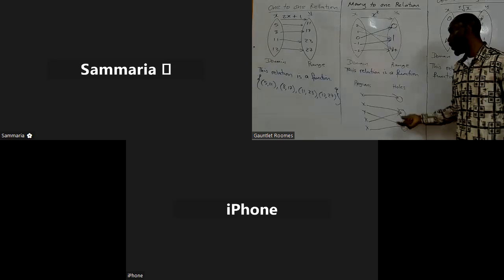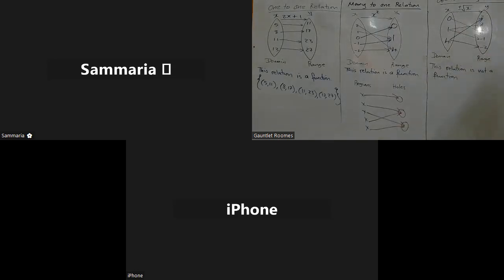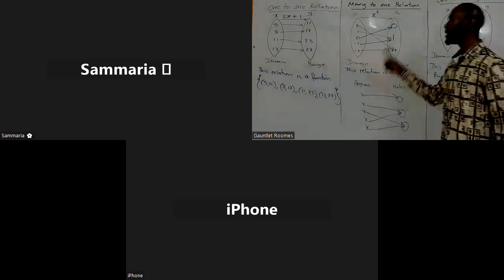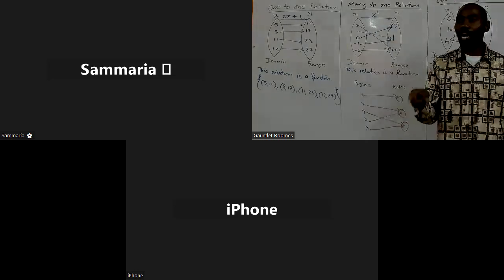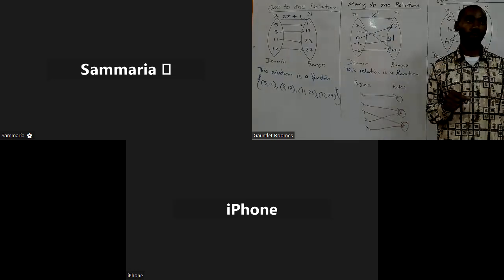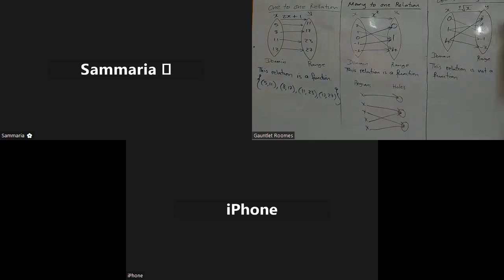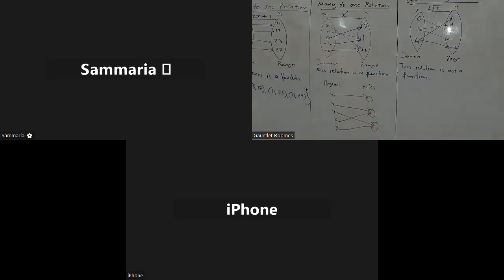But even though a hole may contain more than one pigeon, it does not change the fact that each pigeon flies into a hole. That's the principle.